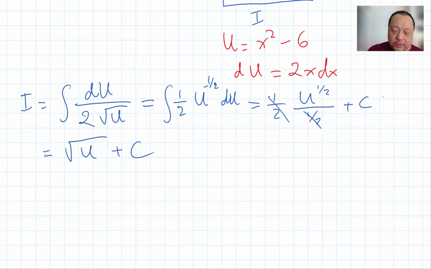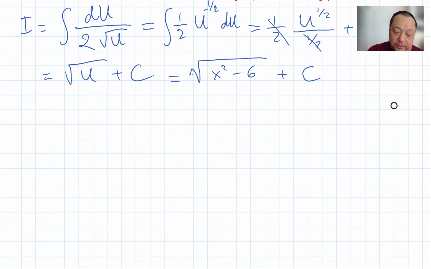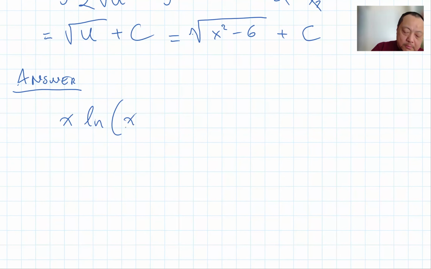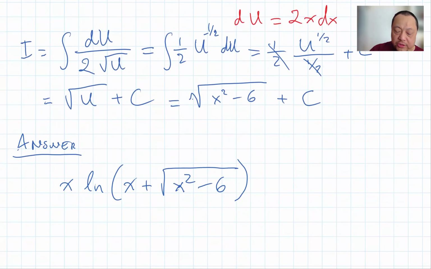And these cancel, so I get my square root of u plus c. And I substitute back the square root of x squared minus 6 plus c. That's my integral I. I put it back here. I have the whole answer. So let's write down the whole answer. That's the uv part in front, and then minus integral of v du, which is this.